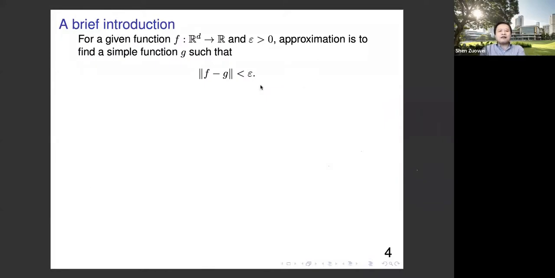So the fundamental question in approximation theory is that you're given a function f and an error epsilon. You want to find a simple function, easy to understand, analyze, or compute, that approximates f within the error epsilon for a distance, that is, a norm, you choose.